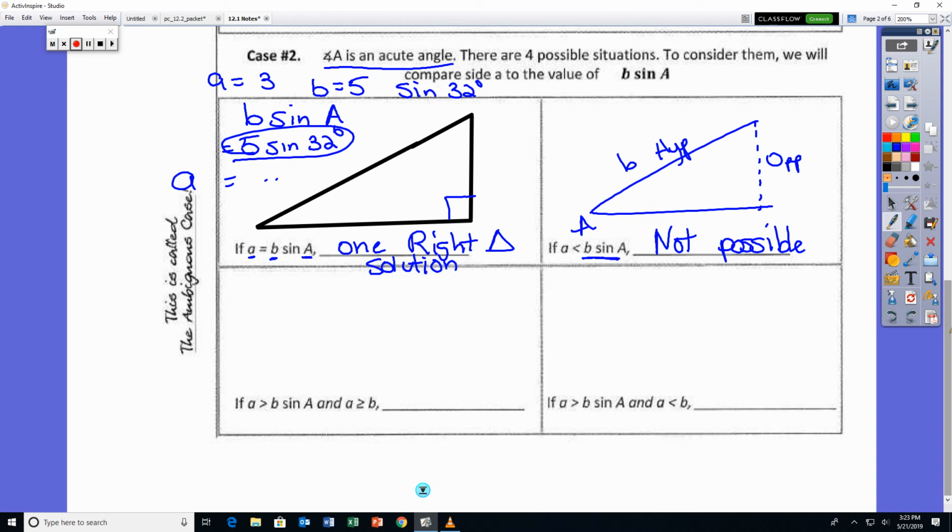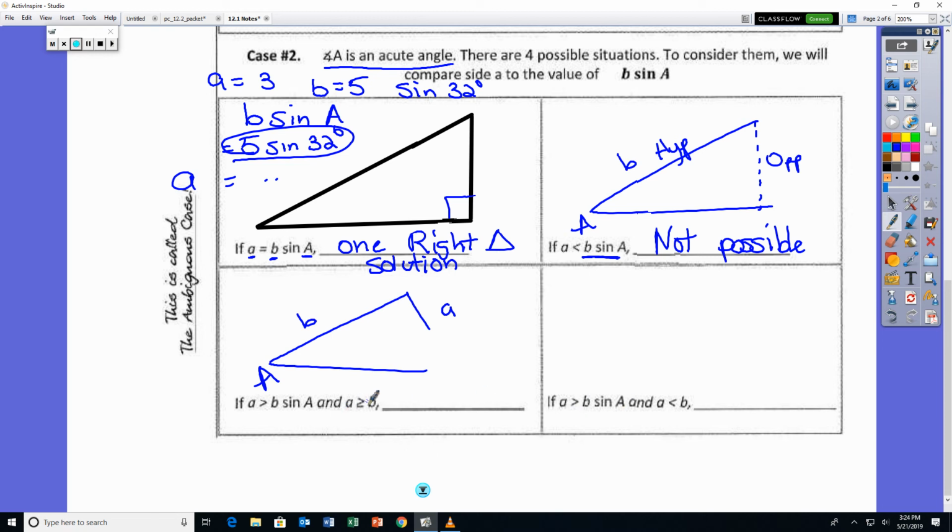So for all these cases, you're just going to do a quick calculation and compare it, just to know how many solutions there could, would, or should be. If you take angle A, or the angle they gave you, multiply by B, and that is less than side A, so I've got angle A down here, I've got side B, and this is my side A over here, if B times sine A is less than A in the initial, then one of two things can happen.